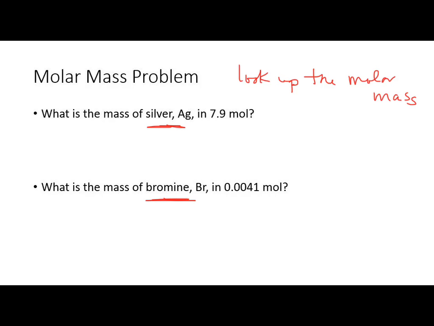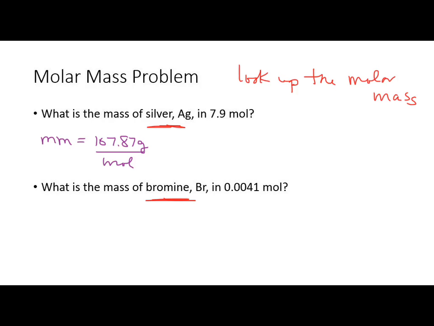Okay, thanks. So the molar mass for silver is 107.87 grams per mole. That's the molar mass for silver. Now that's just before I work my problem. Well, let's just eyeball this.